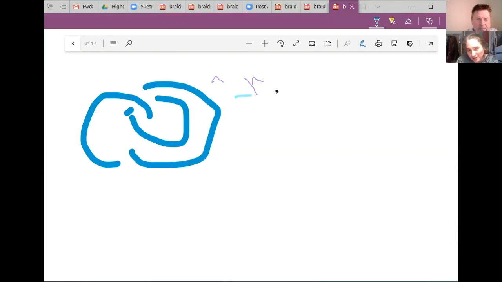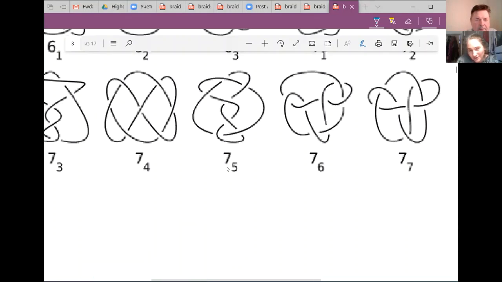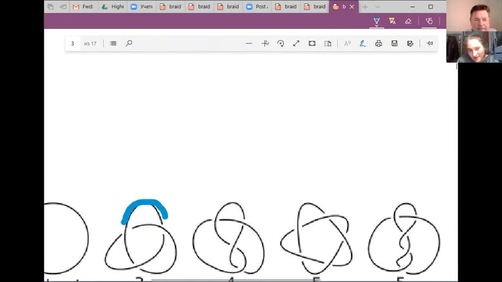Let's try on the old picture, in the old knot. Yes, in this one. Okay, let's try in this picture.